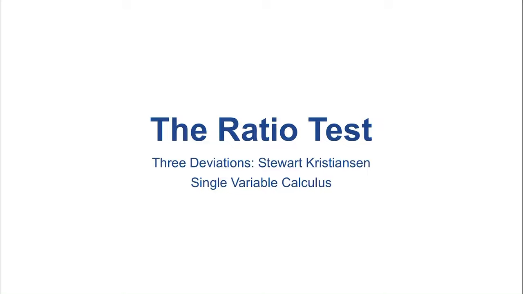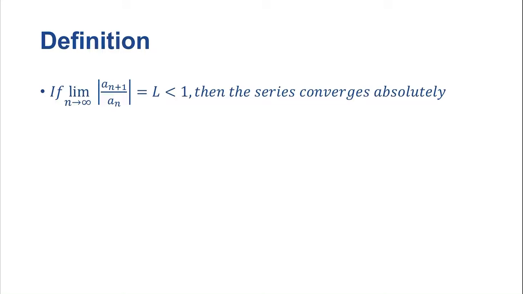Okay, so the definition for the ratio test is that if the limit as n approaches infinity of the absolute value of a sub n plus 1 over a sub n equals L, so if we can evaluate the limit, and it's less than 1, then the series converges absolutely.